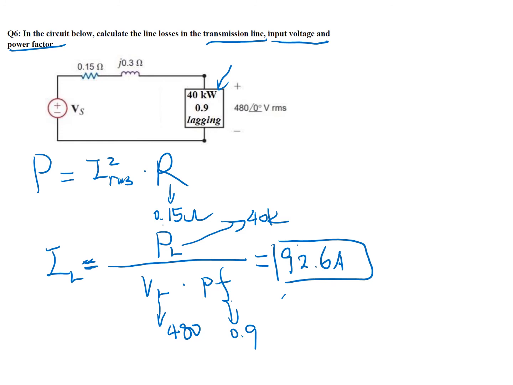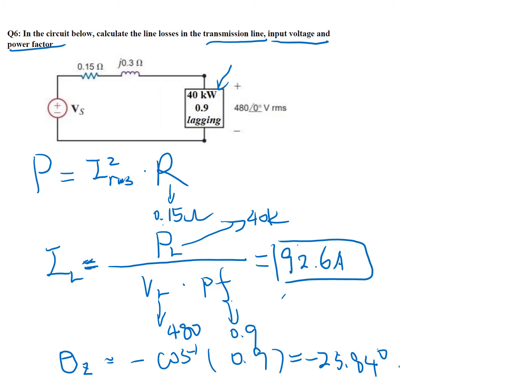Now we can also calculate the power factor angle. We have theta is equal to negative inverse cosine of the power factor 0.9, and we can get negative 25.84 degrees.